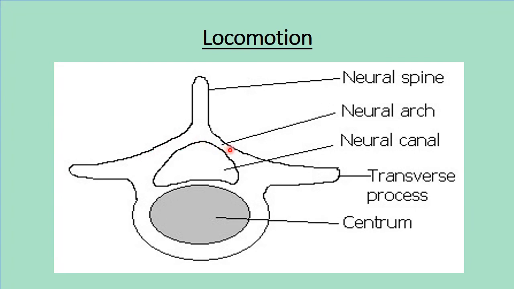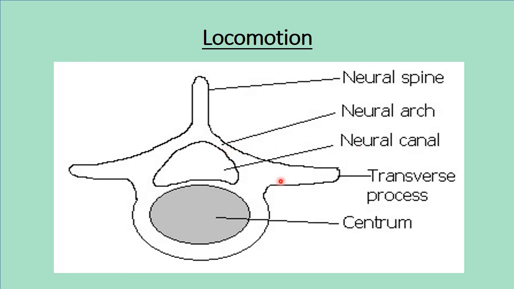Where is the spinal cord? The spinal cord passes through here, through this opening called a neural canal. So the spinal cord passes through here, then this part protects the spinal cord, that is the neural arc.